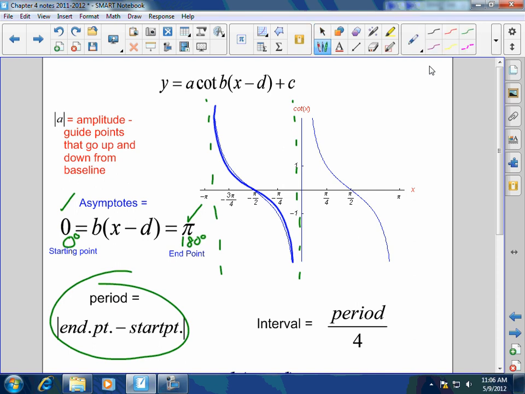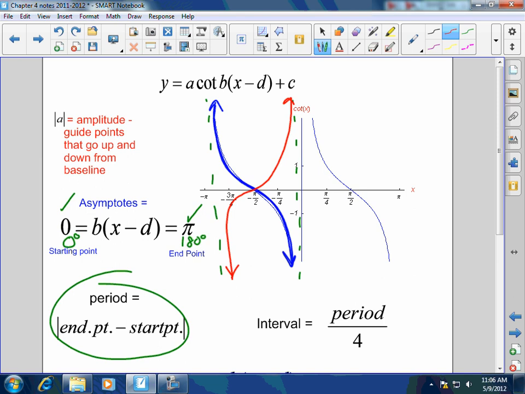Cotangent is the reverse of the tangent as far as the shape goes. Positive cotangent is going to go in the same direction as a negative tangent would go. So, a positive cotangent goes down from left to right. A negative cotangent would be the same as a positive tangent. It would go up from left to right.